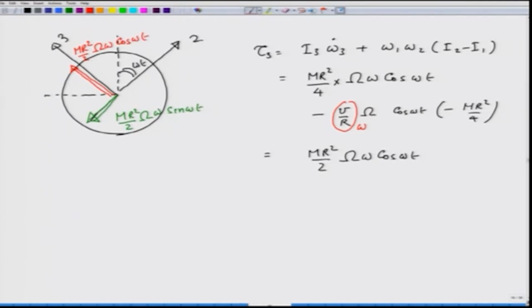So, the net torque is a combination of these two, and that is very easy to calculate.